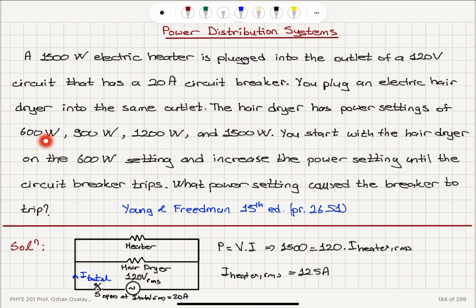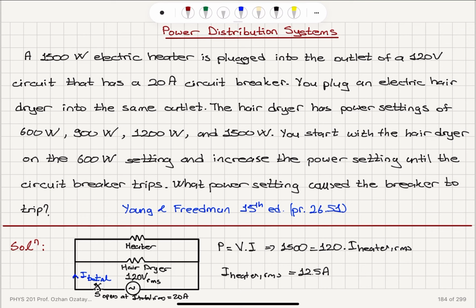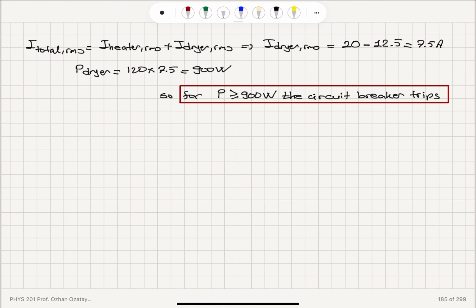So the 600 watt setting is okay, but the 900 watt setting will cause the circuit breaker to trip. So we cannot go to 1200, 1500. At 900 it just trips the circuit breaker.